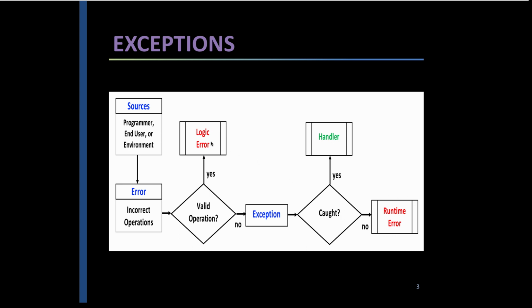So unlike logic errors that are hidden, invisible, they have no visible manifestation, a runtime error has a clear manifestation. We call it a crash. The program crashes and it stops working. And for the end user, this is really a terrible thing to happen.